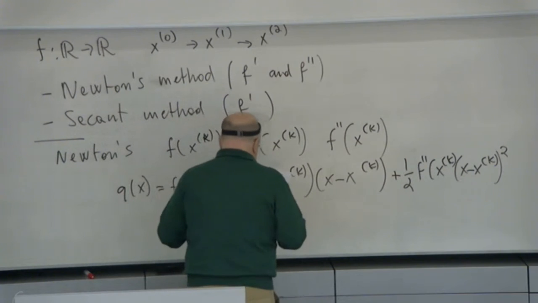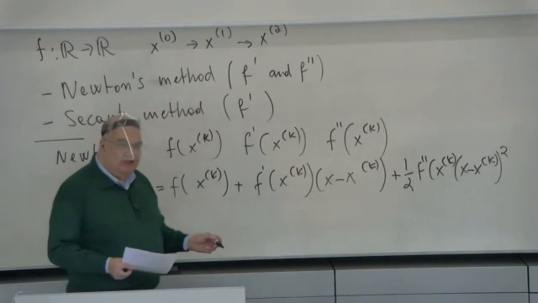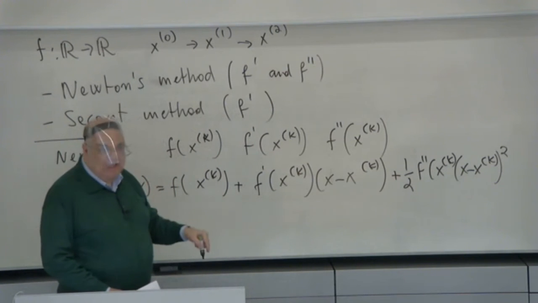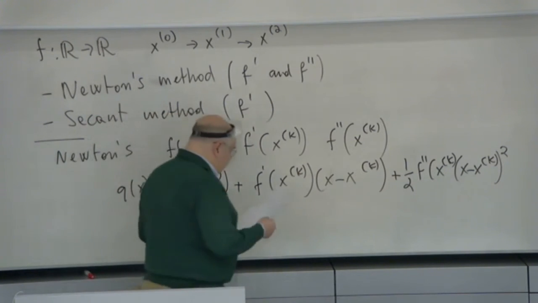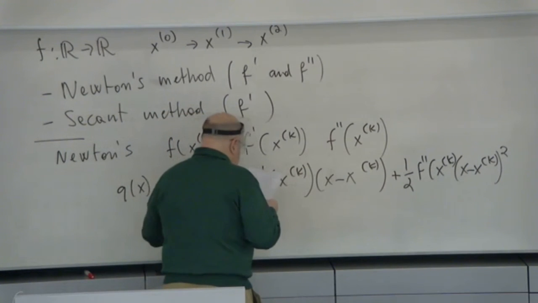So what we are going to do now is assume that this is a parabola. We want to find the minimizer. So what is the strategy? We consider the first order condition. We take the derivative and make it equal to 0. So what is q prime of x?